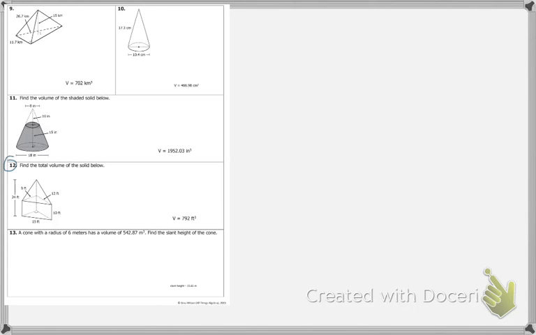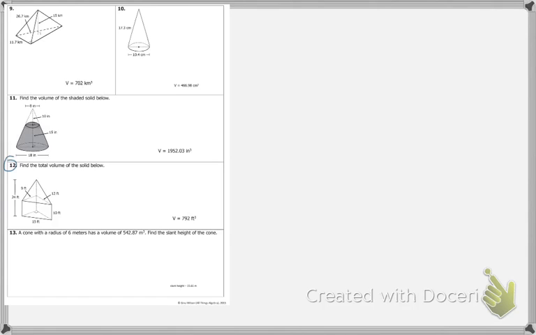That was a good one, but it's kind of like a composite figure, like when you were doing the area of composite figures where you had to split up the figure into smaller pieces. This one has a triangular pyramid on top and a triangular prism on the bottom. So you have to find the volumes of both of those and then add them.